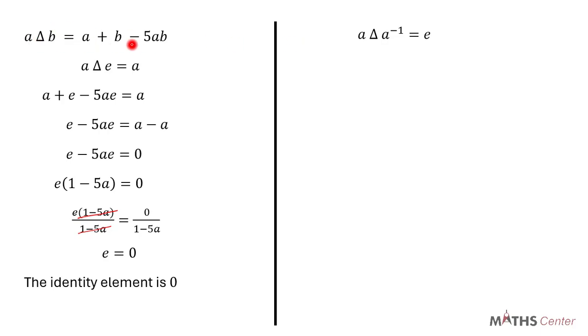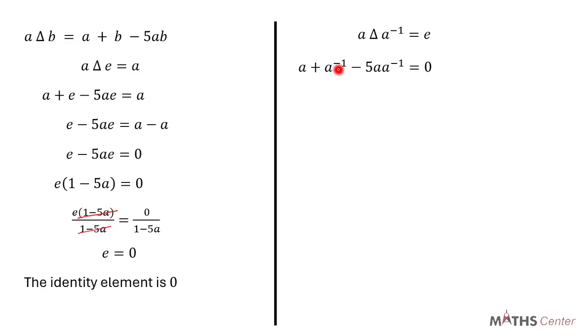The definition for the binary operation is A delta B is equal to A plus B minus 5AB. So A delta A inverse will give us A plus A inverse minus 5A inverse, and this is equal to the identity element E. And we have found the identity element E to be 0. So A plus A inverse minus 5A inverse will give us 0.